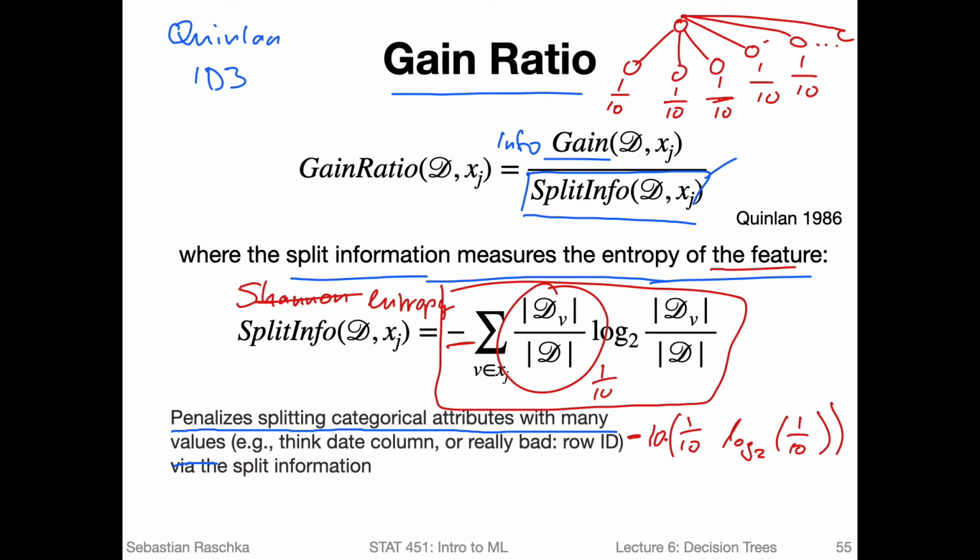So in that case, what we would have is 3.32. So for a feature with 10 possible values where everything, for simplicity, is uniformly split, we have entropy or split info of 3.32. So we would then divide the information gain by a factor of 3.32.